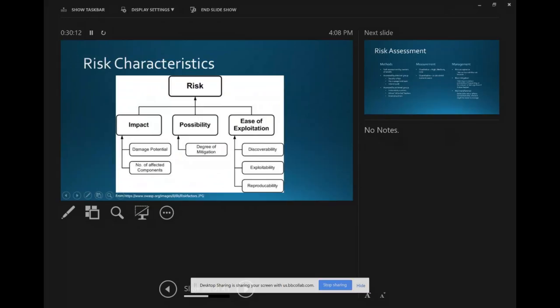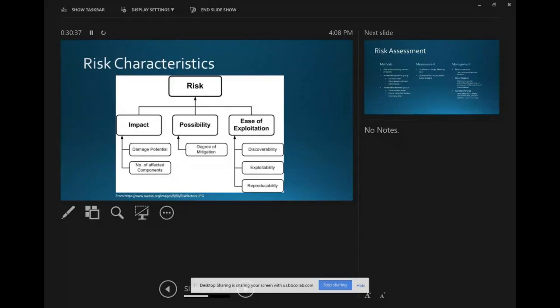So I think we've somewhat covered this area. For each risk you have to evaluate its impact. If that particular threat happened, what would be the potential for damage, and how widespread would it be? How many components would be affected? That would be the impact of a particular risk. The likelihood is, okay, but how likely is it to occur?